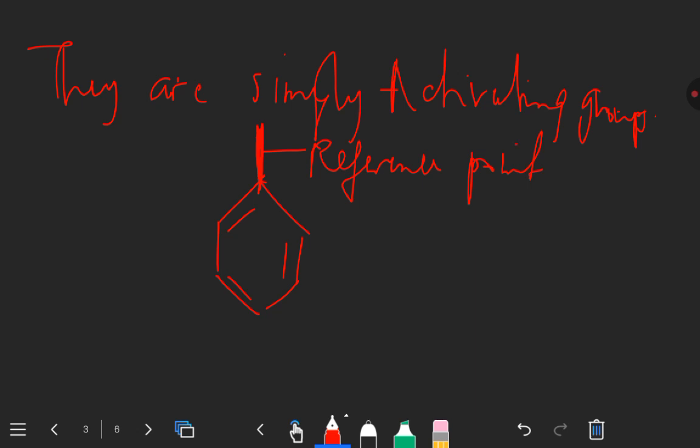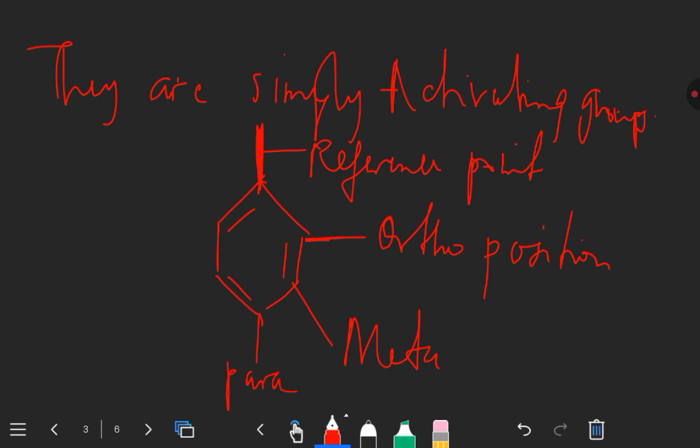So if this is our reference point, we call this point the ortho position. Then this will be our meta position. Then this will be our para position.